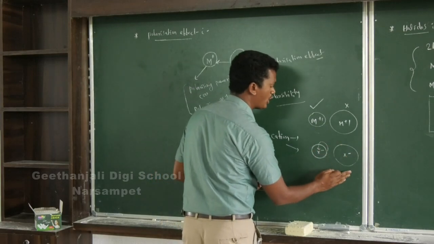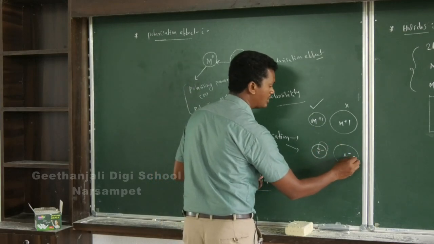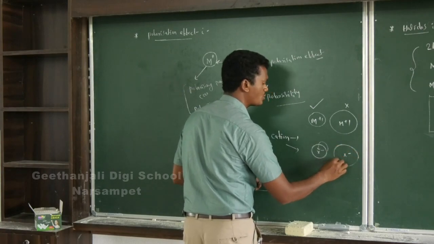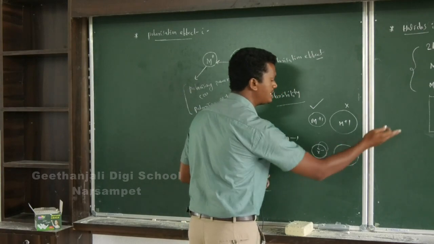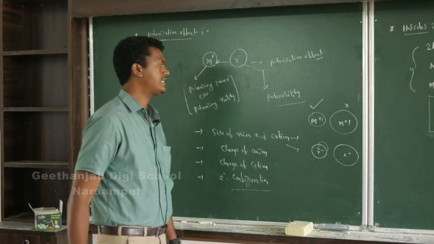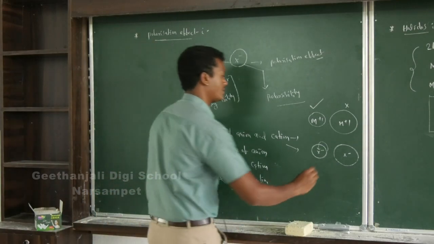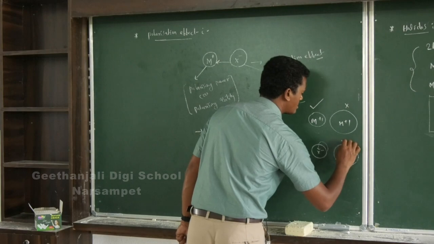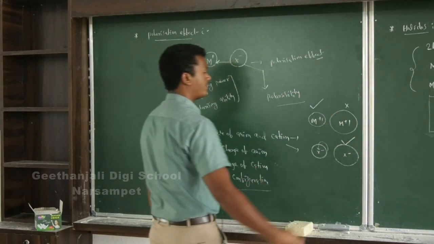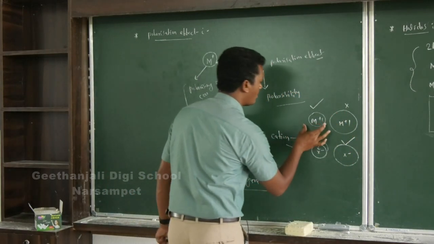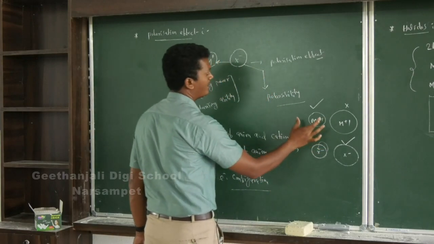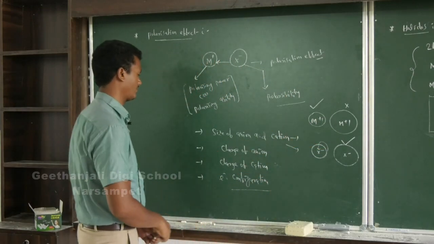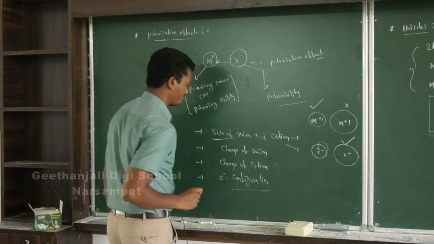When the anion is larger, the electrons present in the outermost shell of this X minus are easily attracted by the metal ion which is small. Therefore, larger the size of anion, polarizability is more; smaller the size of cation, polarizing power is more. This is about the first factor.